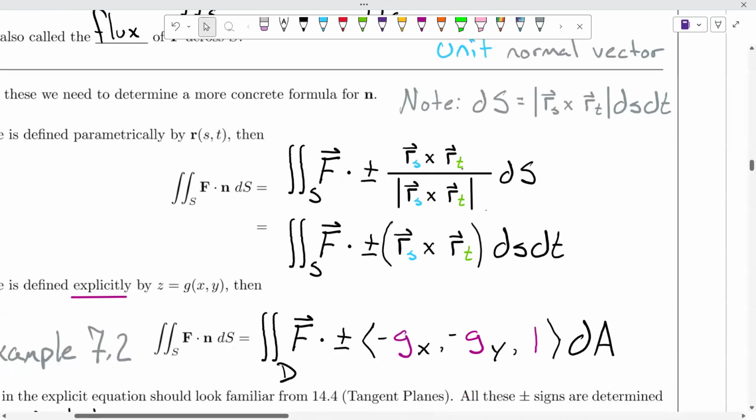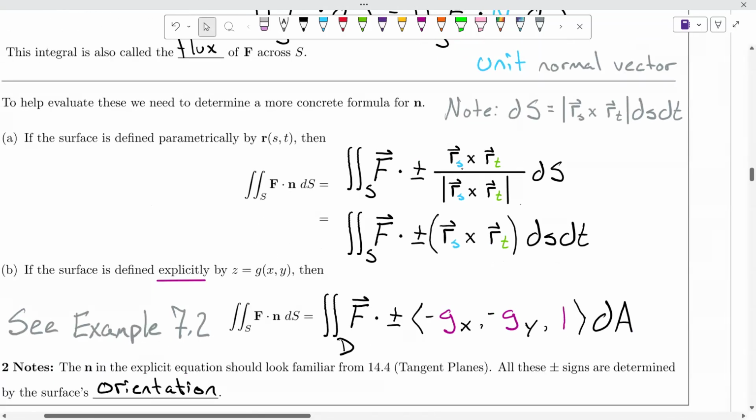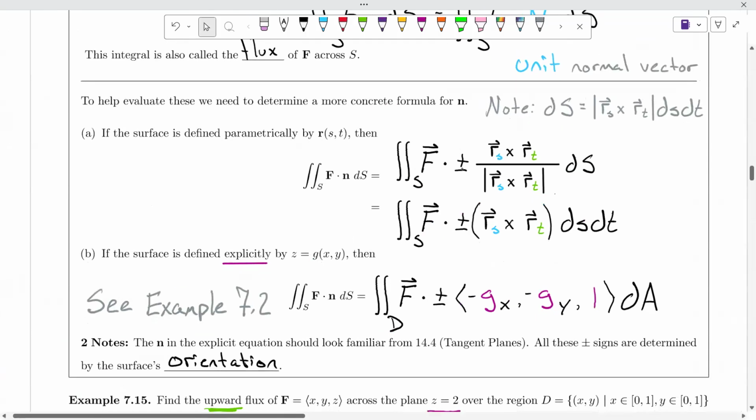So don't forget, if I take two partial derivatives of a surface and then take their cross product, I get a normal vector. We did that all the way back in tangent planes, which is unit 14.4. So, yeah, normal vectors. That's what we get by crossing the two partial derivatives of the parameterization.